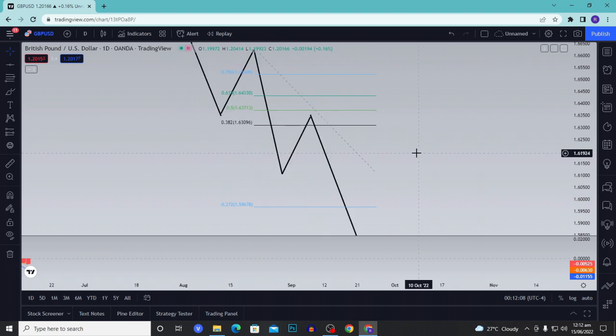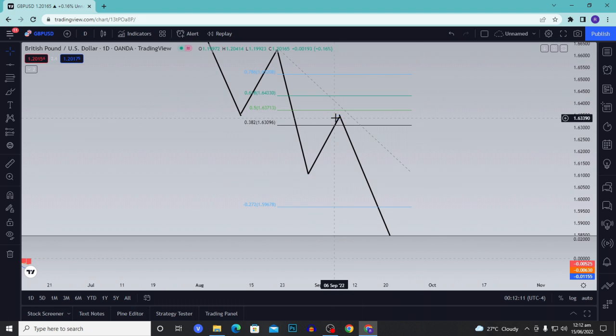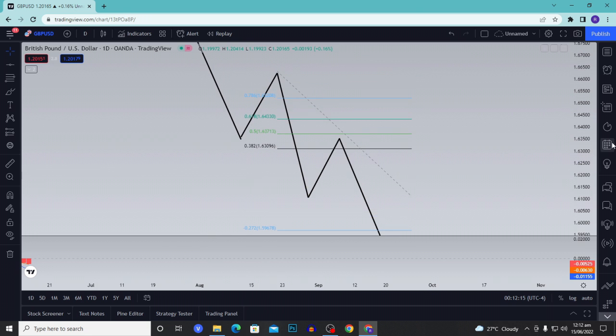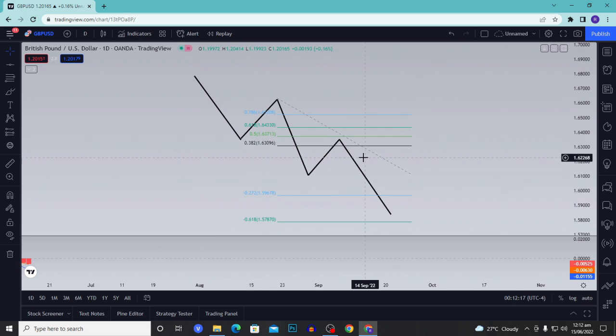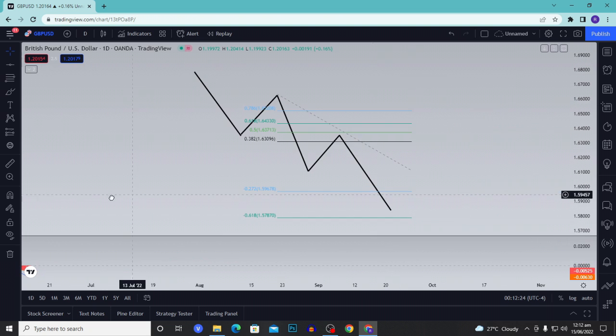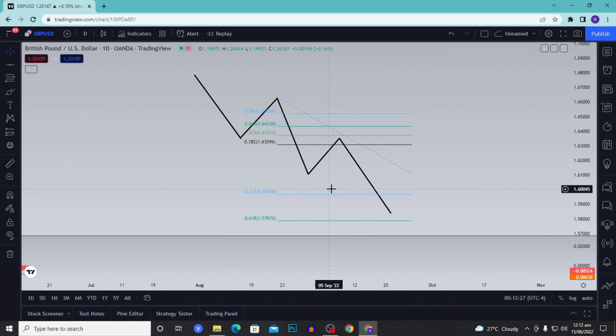Then you wait for price to retrace back to one of your points, like this. Then you switch to the 4-hour time frame, and you look for an entry using the MACD along with the crossover of the exponential moving averages.